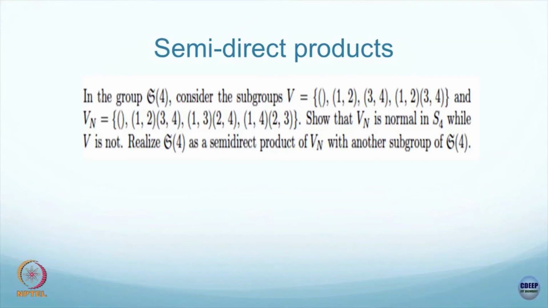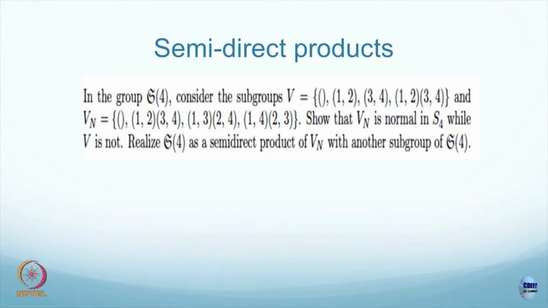Okay, so the other question which I had asked, there was a typo, this should not be S4, it should be symmetric group of degree 4, okay, just correct it. So, we are taking a symmetric group of degree 4, 4 objects, and I have given 2 subgroups, okay.